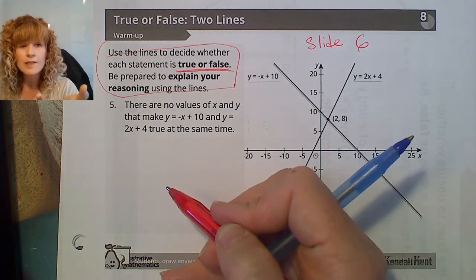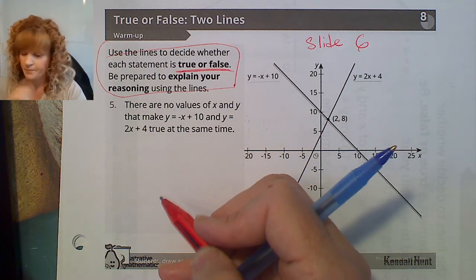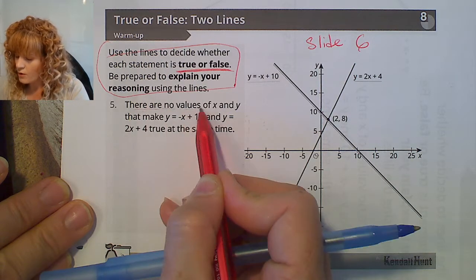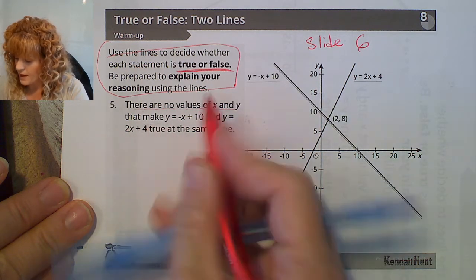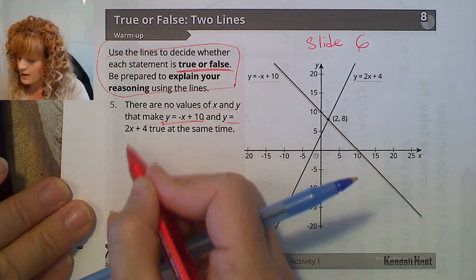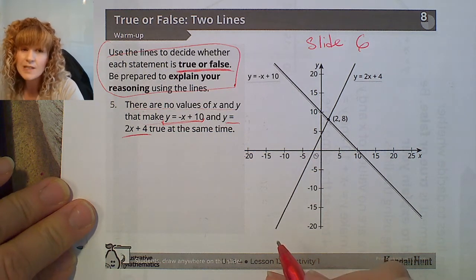When I'm giving you these notes, I assume you read the directions already. So true or false? There are no values of x and y that make y equals negative x plus 10 and y equals 2x plus 4 true at the same time. Is that true or false?